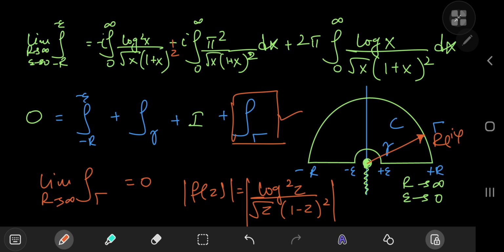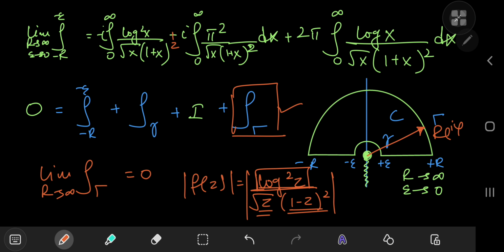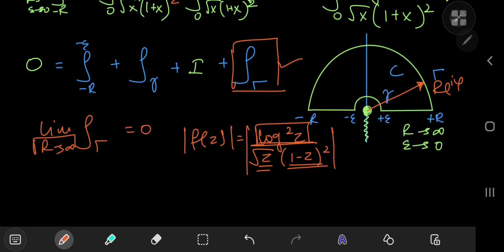So an analysis of the modulus of this function revealed something. Notice that in the denominator we have this quadratic polynomial in z times the square root of z. So we know that the function in the denominator will outgrow the logarithmic function in the numerator. We know that from basic calculus, right? So that means in the limit as r tends to infinity, this modulus tends to 0.